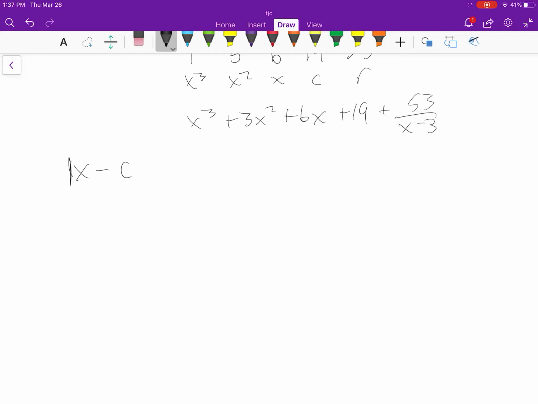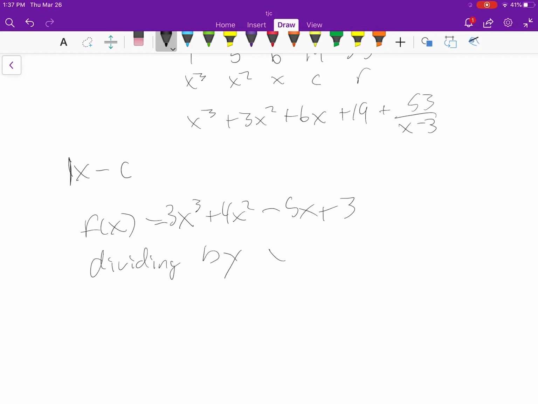So an example: say we have f of x, and we want to know what the remainder is when we're dividing by x plus 4.